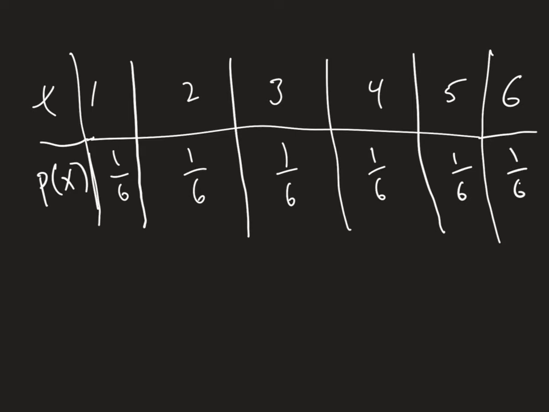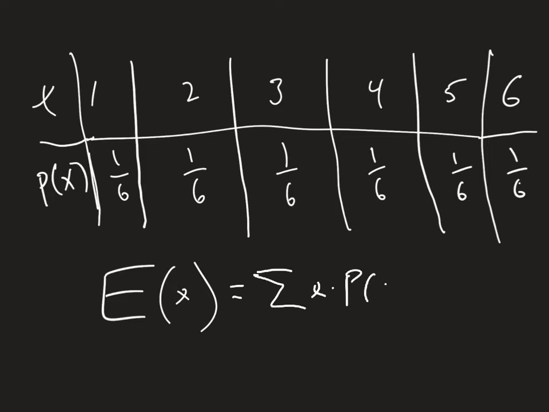Now let's define expected value. Expected value is a formula, and we're going to use capital E of x to denote the expected value of a single dice roll. We're going to say sigma, which is a Greek letter that just means sum, and inside we're going to say x times p of x.